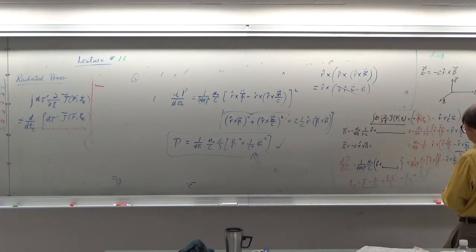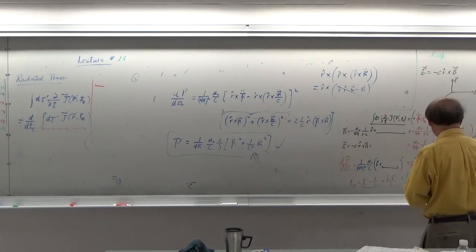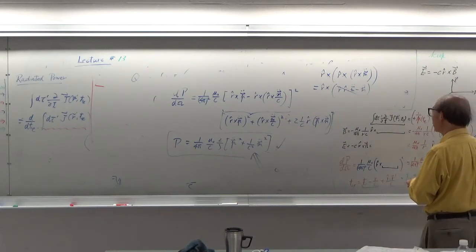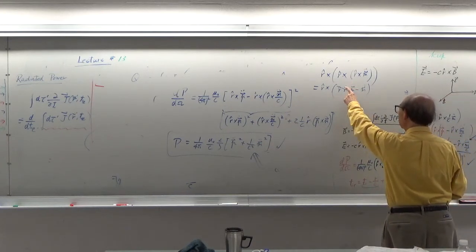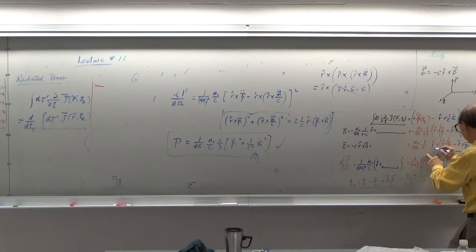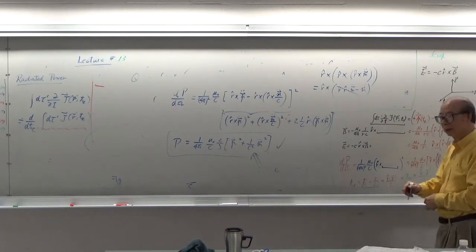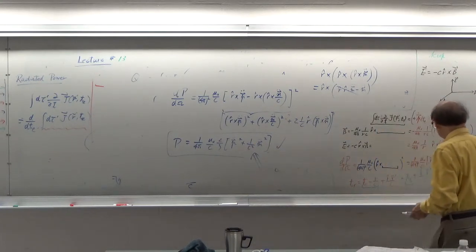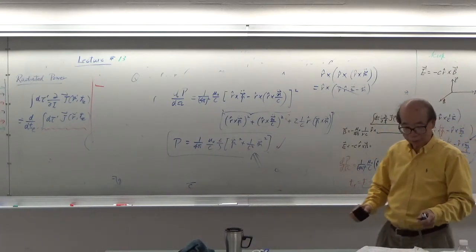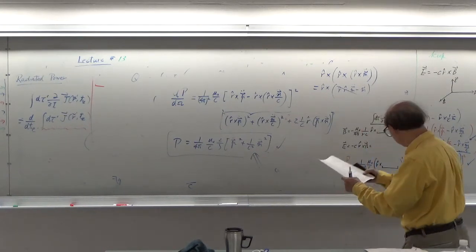Well, I do not have time to finish up the calculation. So I can ask you to simplify this to be this, aside from the factor of c, and then you will be able to show that. Let me just give you the result.